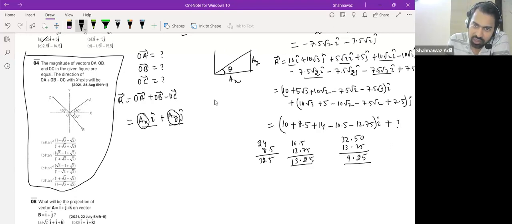Then you can calculate the angle by dividing the Y component by X. These are the steps that you need to follow. And one thing is given, that the magnitudes of OA, OB, and OC are equal. So let's say the magnitude of OA is equal to OB, which is equal to OC.